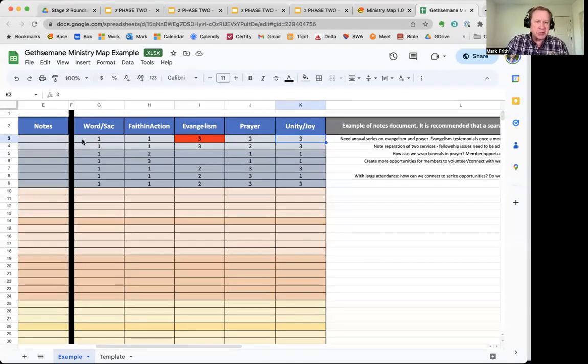This would be different if this was the Board of Elders meeting. Are we encouraging people to be in daily devotion? As I meet with my elders, I'm going to encourage them individually, but I'm not going to tackle all of these mission pillars at every single meeting. I'm just going to highlight one or the other. So the purpose of these numbers is that when our individual groups take a look at this, and we're going to help them think through how to evaluate, we want them to evaluate their group with their numbers.